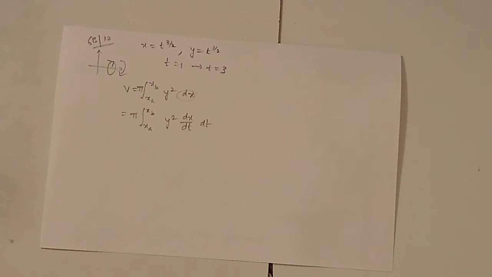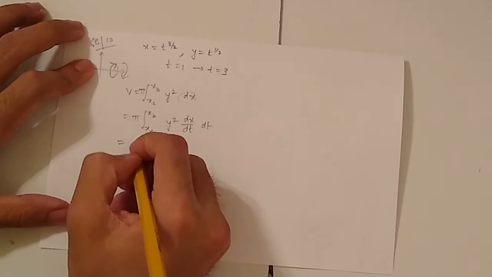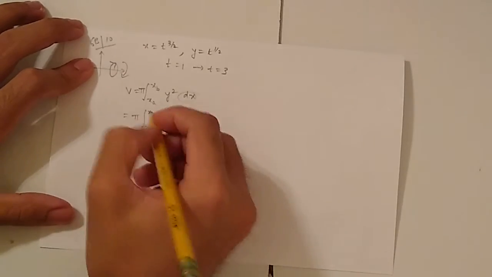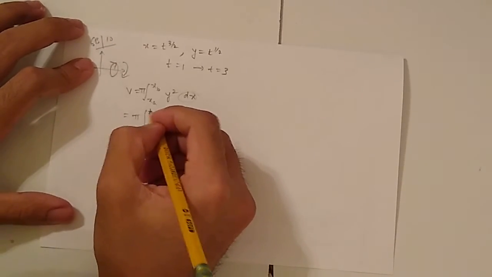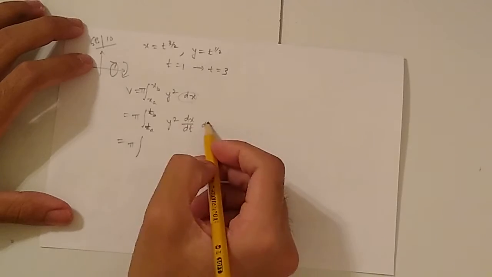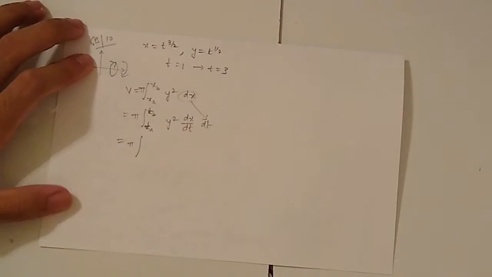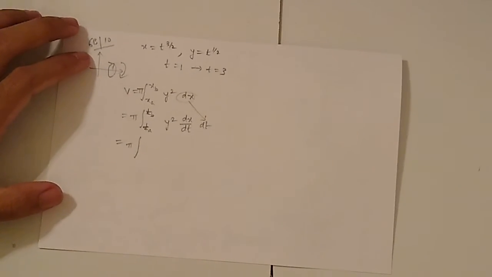You are using the chain rule to replace dx with dx by dt into dt. Now you can easily substitute the expressions. This is going to be ta, and this is tb. We have changed the variable that you're integrating with respect to.